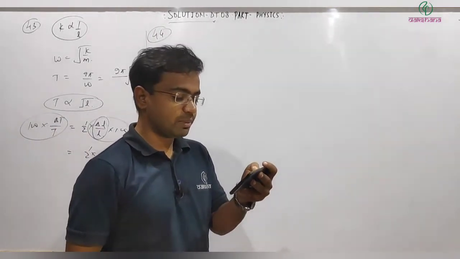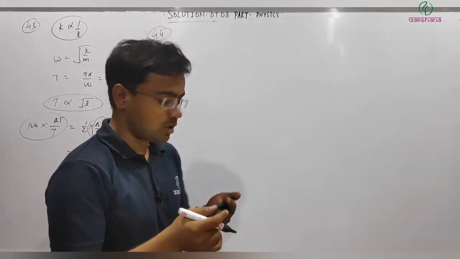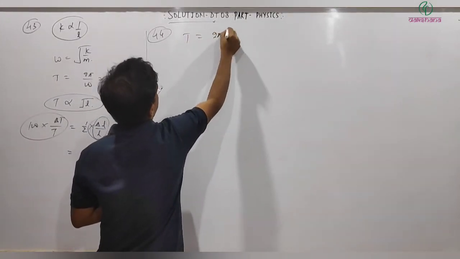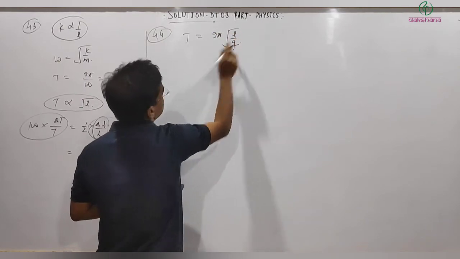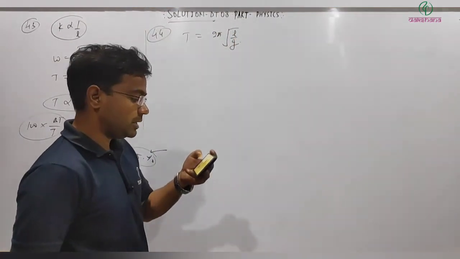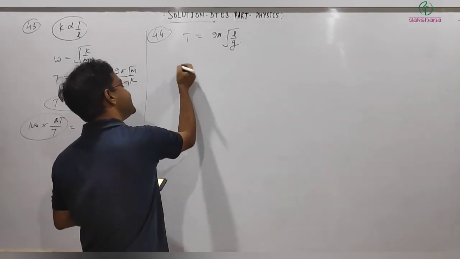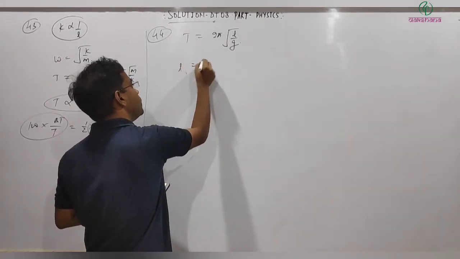Acceleration due to gravity on the planet is 3 by 2 times that on the earth. Here the time period is given by 2 pi under root L by g. If the length of the second pendulum on earth is 1 meter, then L is 1 meter.